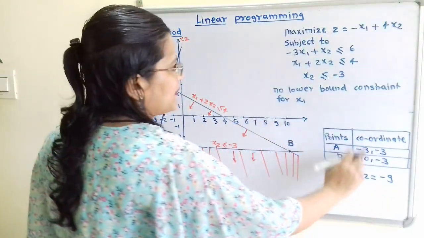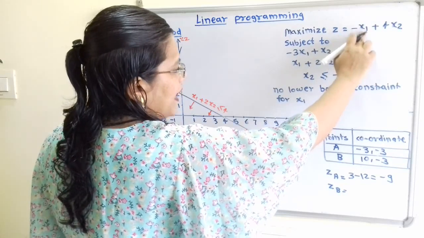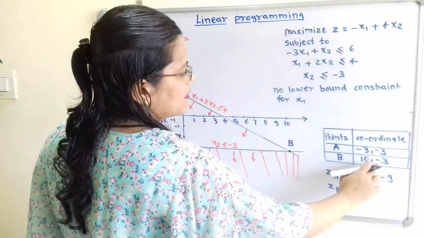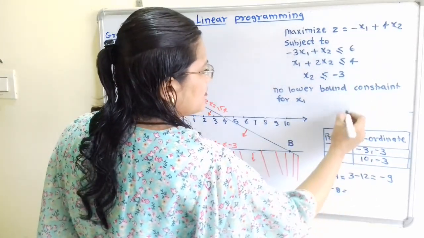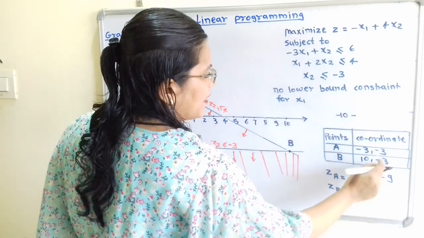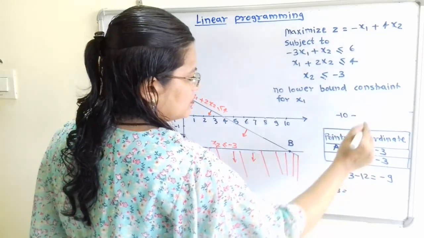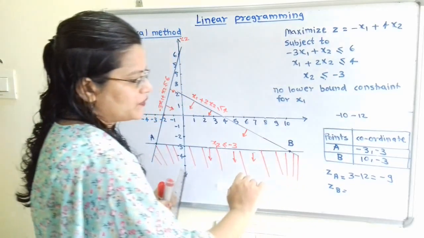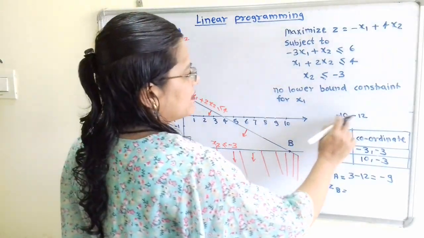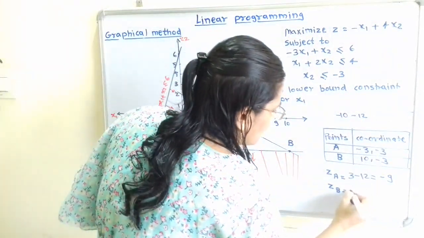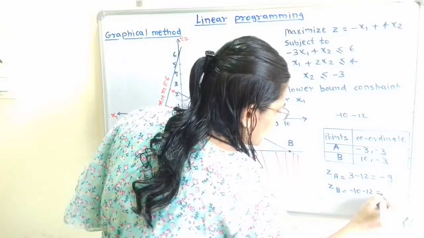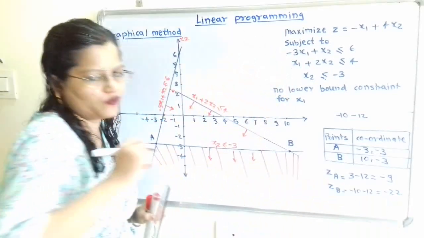Then for ZB, x1 is 10, so -10, minus 3 multiplied by 4, that is 12. So -10 minus 12 is equal to -22.